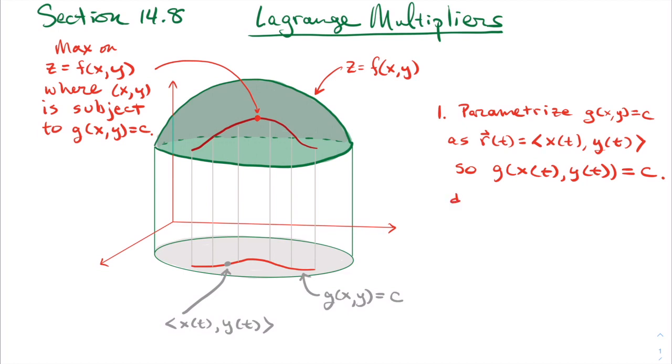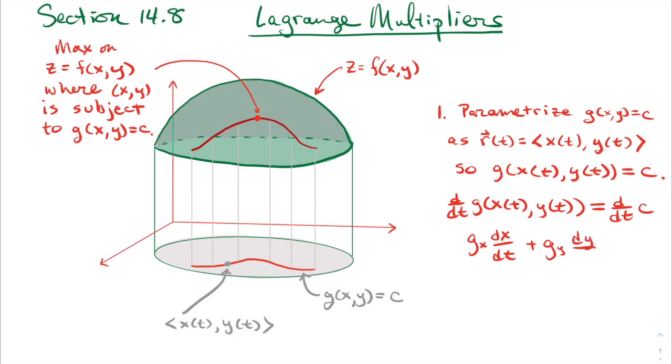The derivative with respect to t of g of x of t, y of t will be the derivative with respect to t of this constant c, which of course will be 0. If we use the chain rule, we get g_x dx over dt plus g_y dy over dt equals the derivative of the constant, which of course is 0.